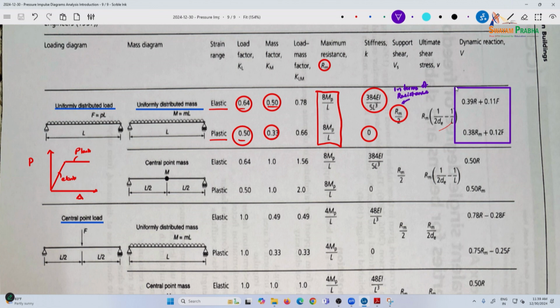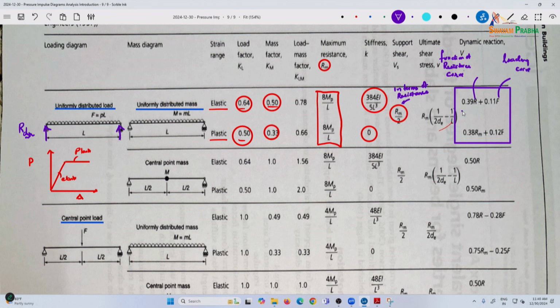In the dynamic reactions you are talking of R dynamic. So, for R dynamic, this is a function of the resistance curve, the resistance function that we talked about, and the loading curve.